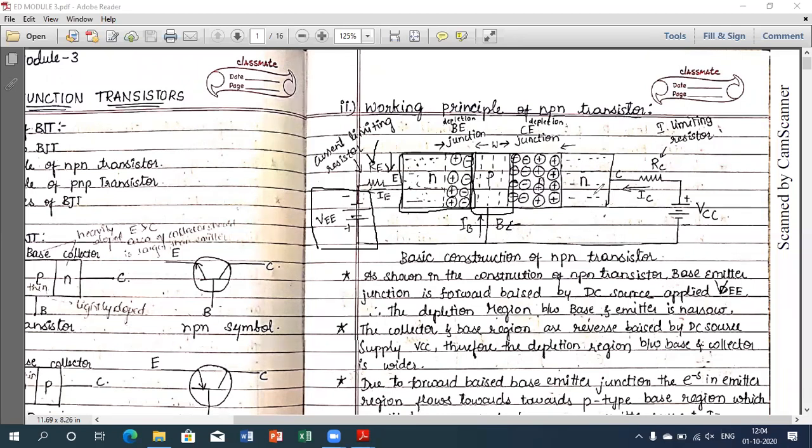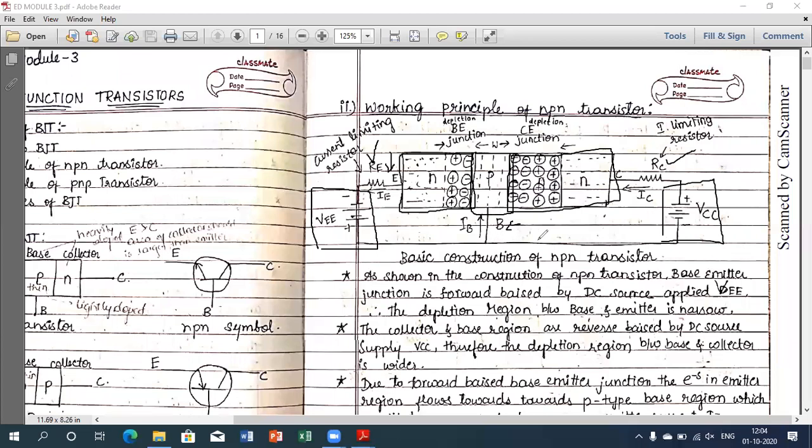Now look at the other region. This part is the collector, and this is RC, the current limiting resistor for the collector region, which is N type. Now look at this DC voltage. The plus terminal of the DC voltage is connected to the collector, that is N type, and the negative terminal is connected to the P type.